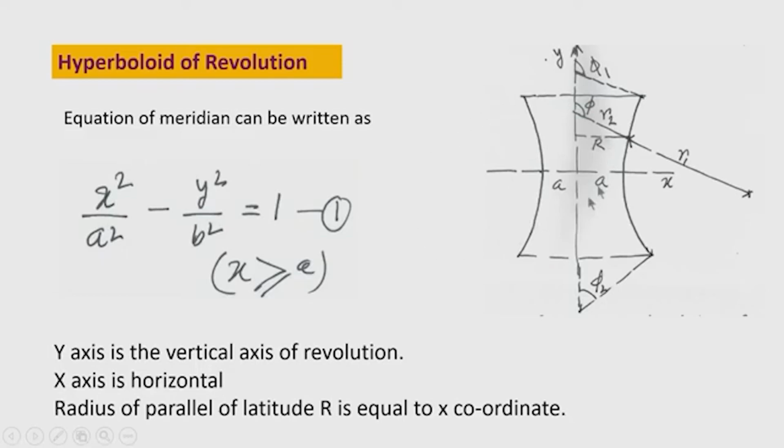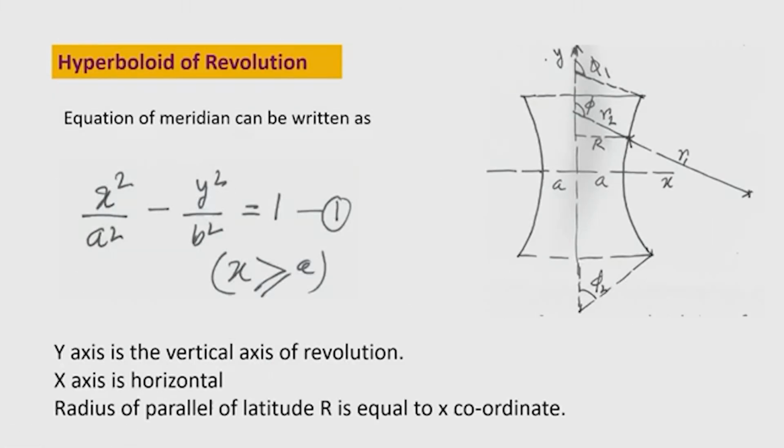So, we know all the geometrical parameters of the hyperbola. Now, we can write the equation, where x has to be greater than or equal to a. So, the radius of the parallel circle r is equal to the x coordinate. So, at any level, suppose we want to find this parallel circle, that is, the parallel of latitude you can call it, here this x coordinate will give the radius of the parallel circle. Okay.